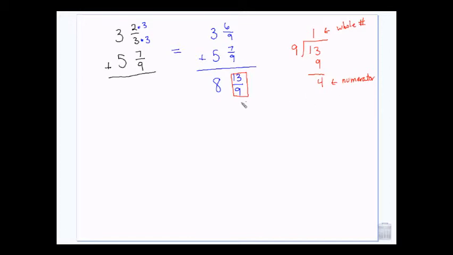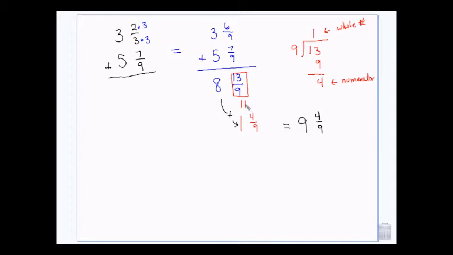So 13/9 is the same thing as 1 4/9. So far okay? Okay. And then this 1 and this 8 get added together. So we add those two to get 9 4/9.